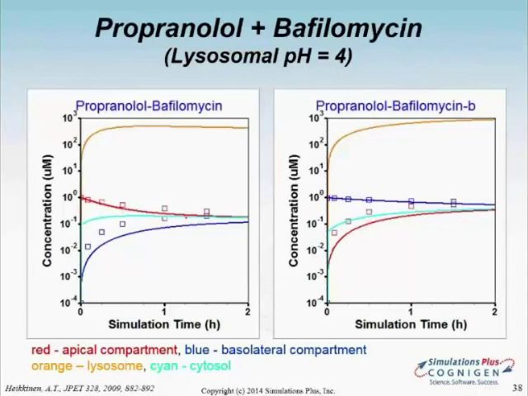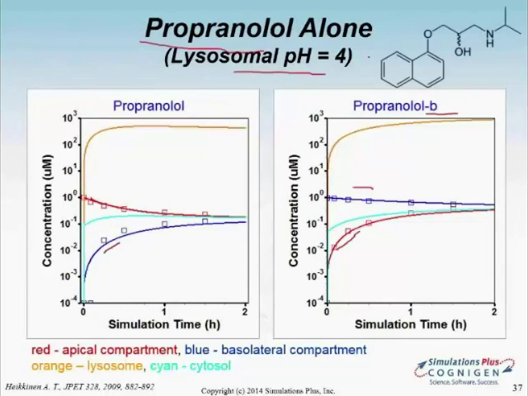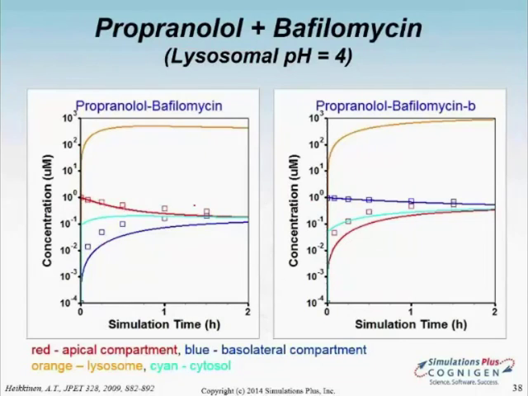When the bafilomycin was added, the observed concentrations have increased compared to what you would see with the propranolol alone. In this case, the simulations are still using the lysosomal pH 4. You still see that high accumulation in the lysosomes, which is causing that slower appearance in the receiver compartment because the drug is getting stuck in the cells too much.